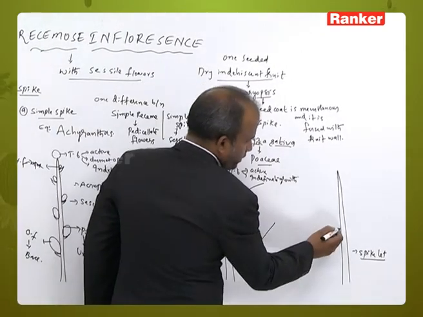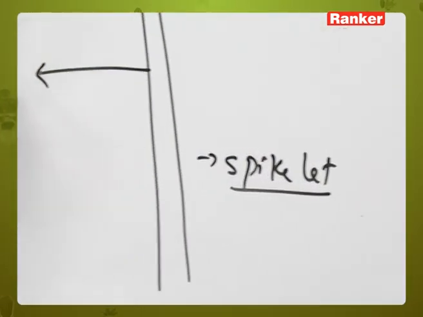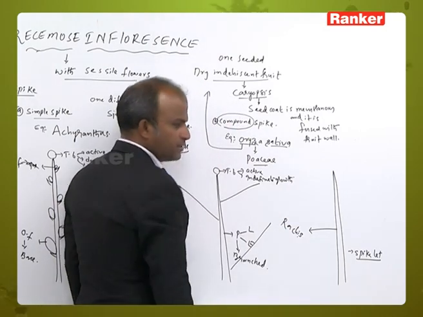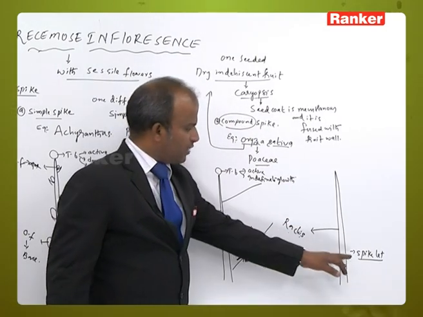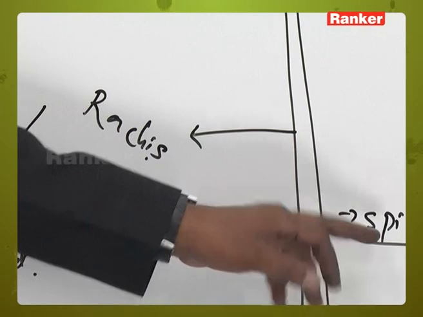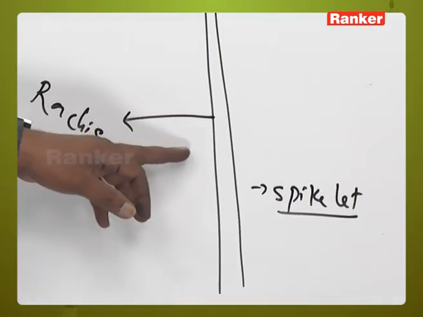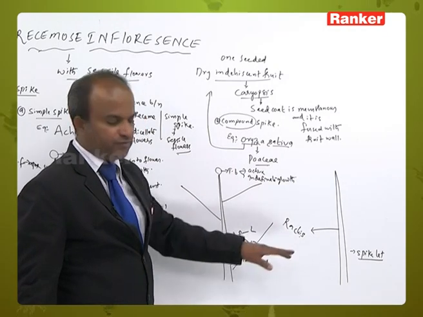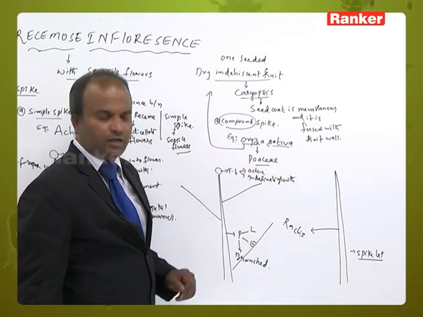And what is this called? This is called the rachis. Each branch of compound spike is called a spikelet. The axis of the spikelet is called the rachis.